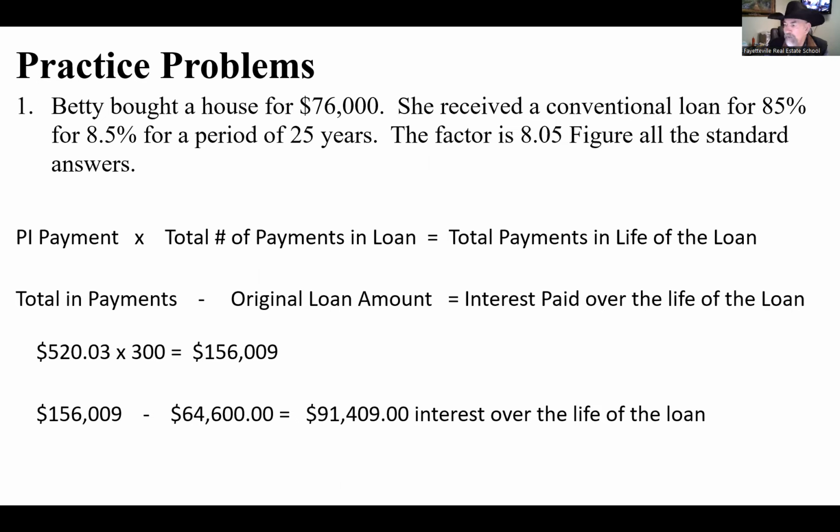So that's $520.03 P&I payment times 300 payments, not 360 because it's a 25-year loan. That equals total payments of $156,009. Then we subtract the original loan balance of $64,600. That gives us interest over the life of the loan of $91,409.